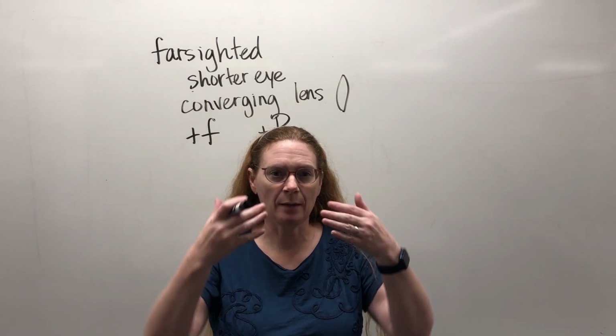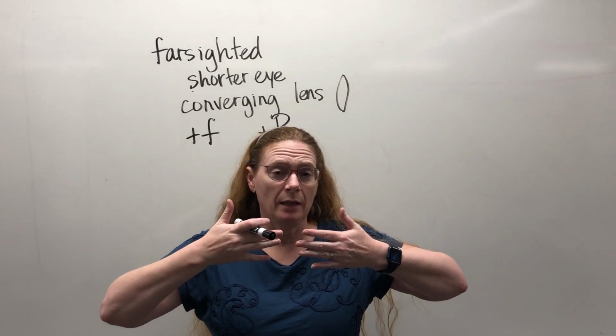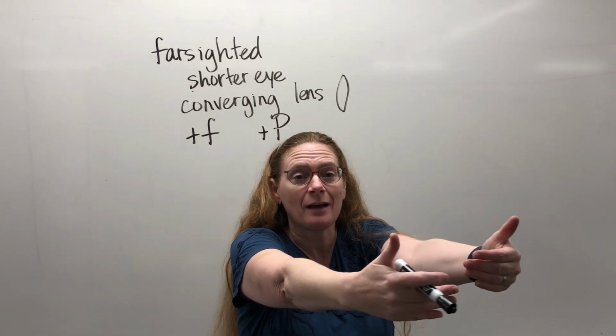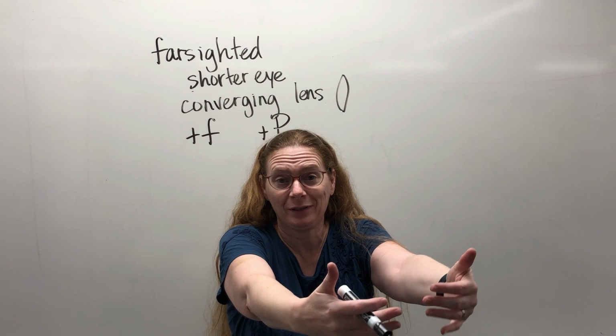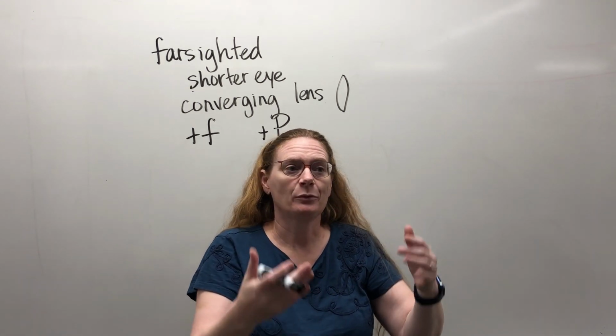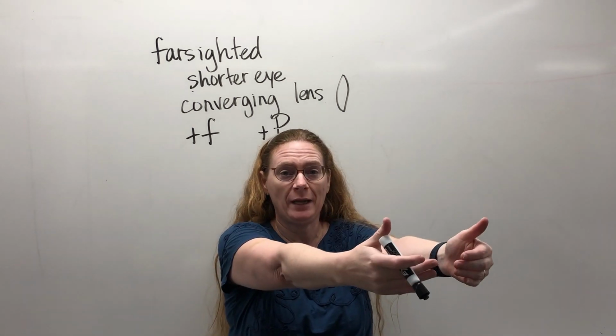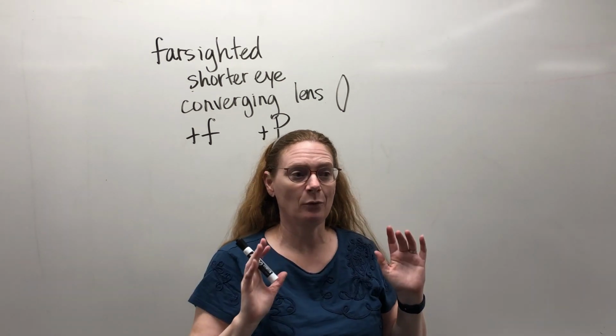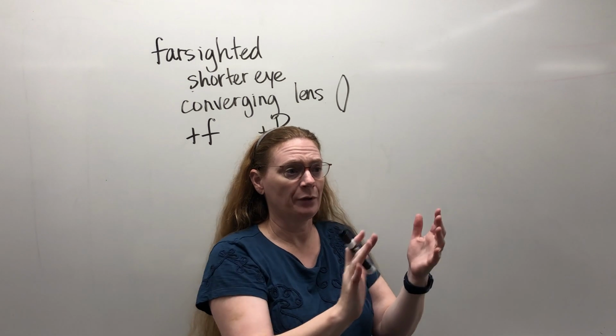So we need to take an object that's close and move it far enough back that that object is no longer blurry. It becomes clear. So we take something close, move it far away, make an image of it far enough away that it's clear. So we need to know how far away we have to go in order for them to see things clearly.